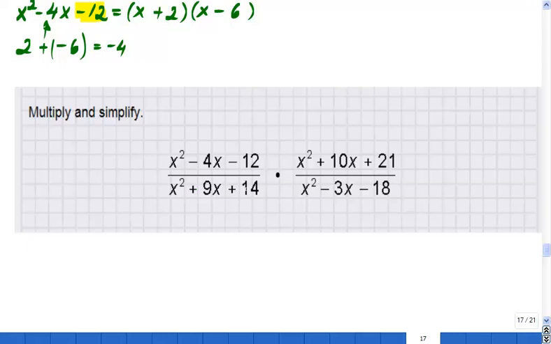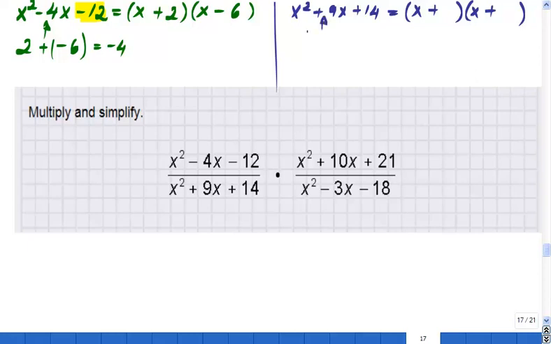Let's check x squared plus 9x plus 14. I will use a different color. X squared plus 9x plus 14, and I have to find its factors, if any, right? X squared will be the product of x and x. Last term is positive, which means everything is positive or everything is negative.